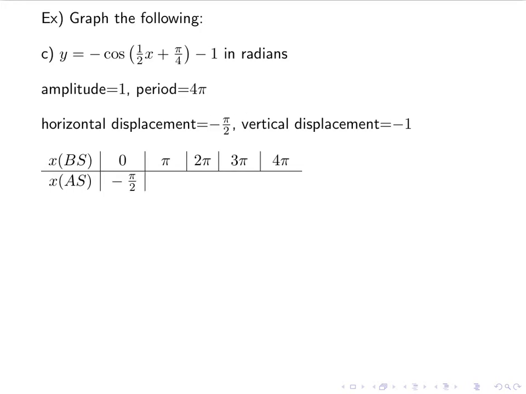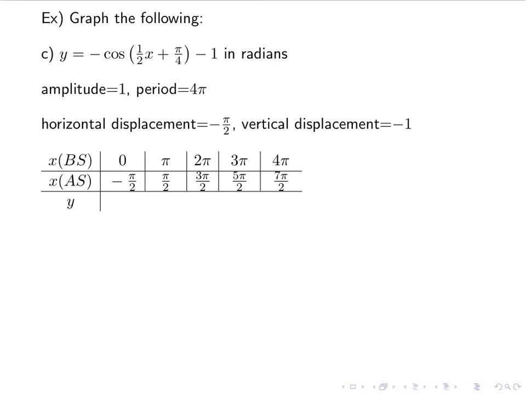So 0 minus pi over 2 is negative pi over 2. Pi minus pi over 2 is pi over 2. Then we get 3 pi over 2, 5 pi over 2, and 7 pi over 2. My numbers are in increasing order, and they're increasing by pi.